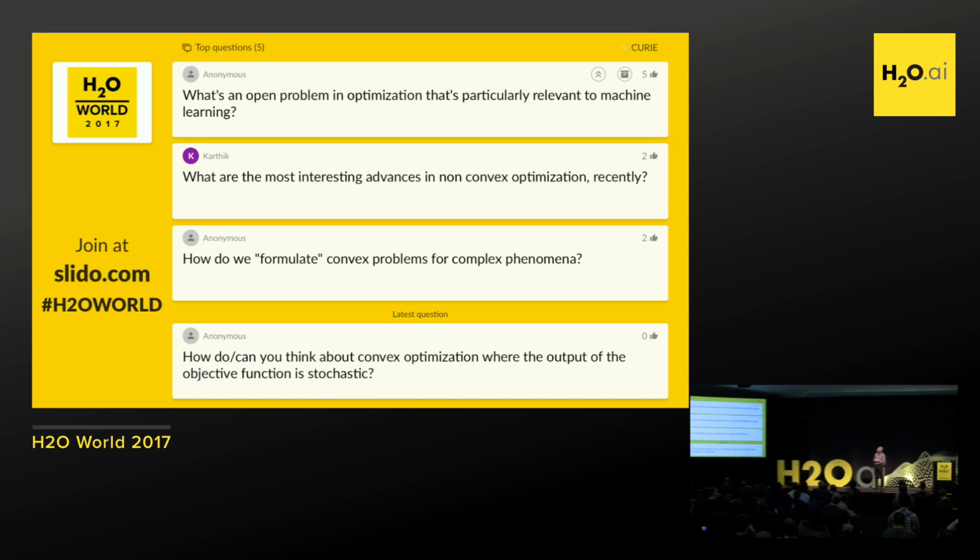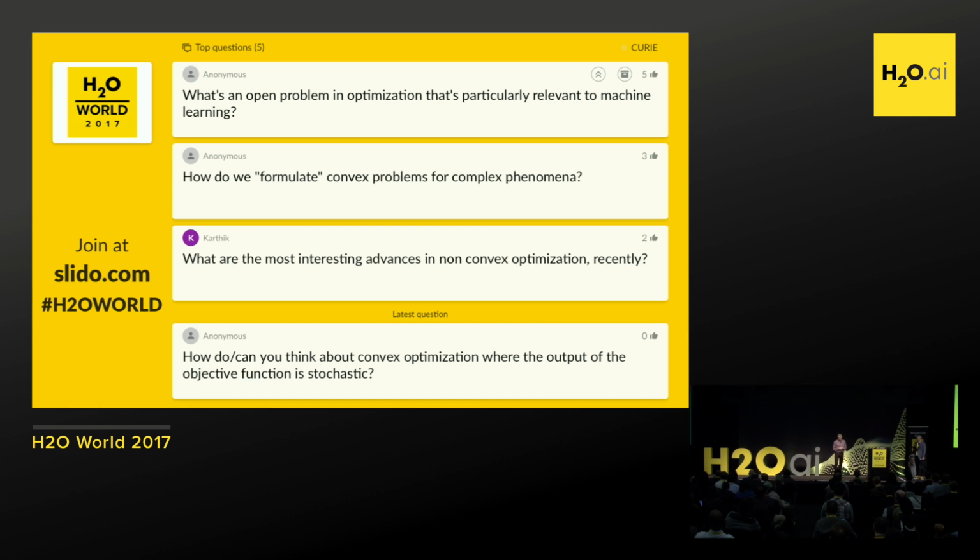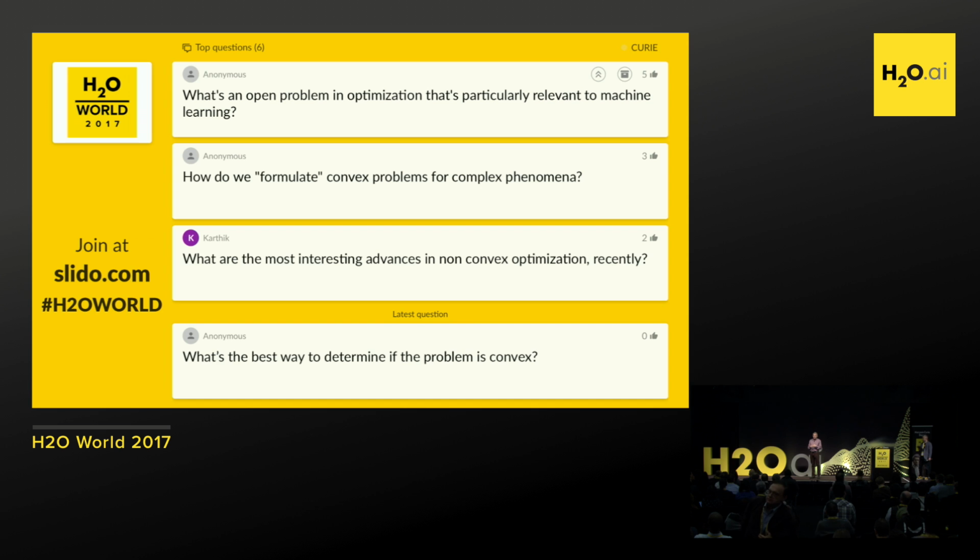What's an open problem in optimization particularly relevant to machine learning? That's a question I get often. To be honest with you, if you think of optimization as sort of a mathematical thing, I'm not sure that there are any real open problems or some giant mathematical theorem that's going to solve the world. I actually think right now it's a technology question, right?